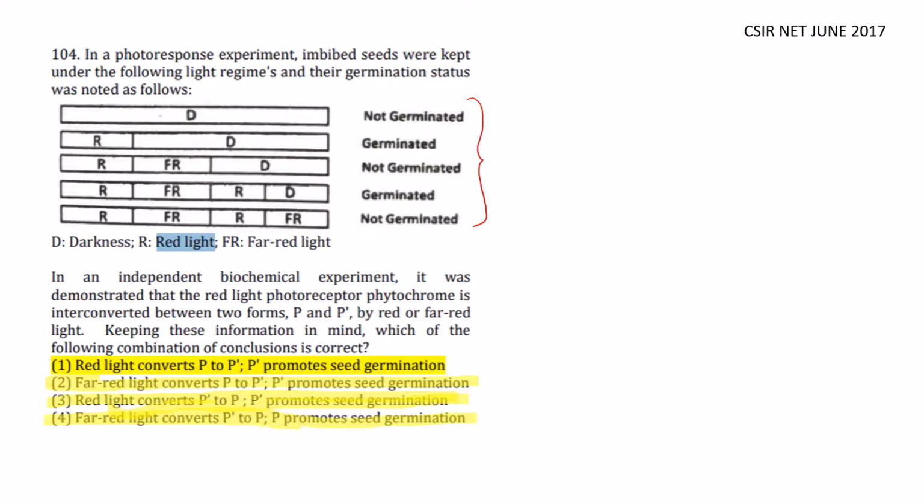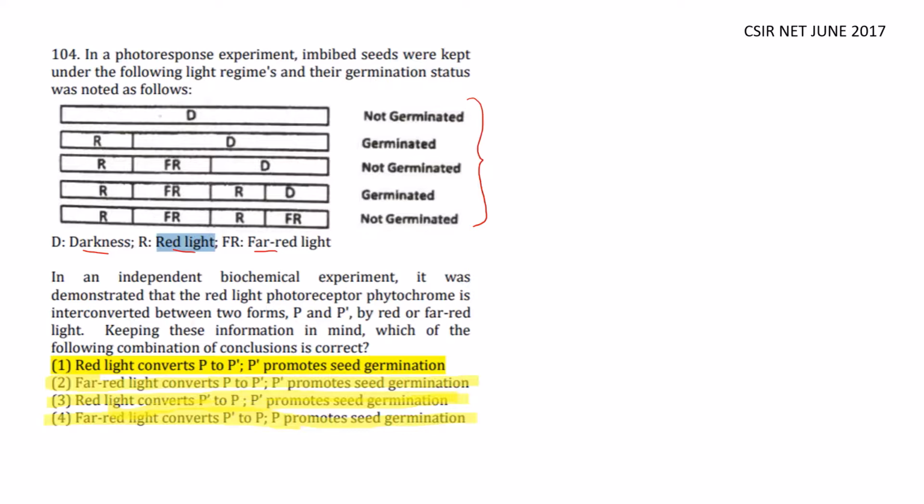Here D indicates darkness, R red light, FR far red light. In an independent biochemical experiment, it was demonstrated that the red light photoreceptor phytochrome is interconverted between two forms P and P' by red or far red light. Keeping this information in mind, which of the following combination of conclusions is correct?